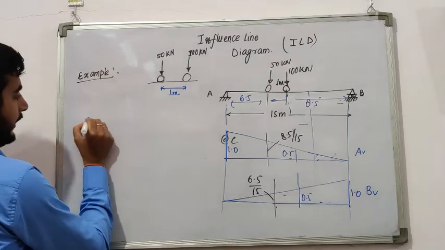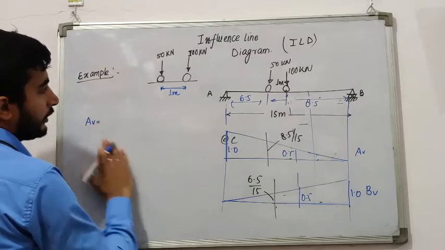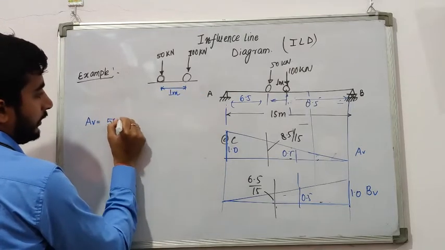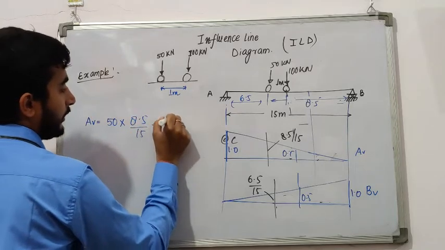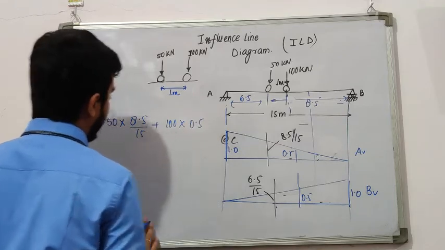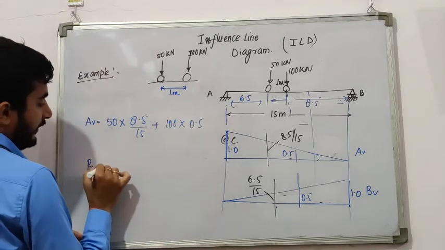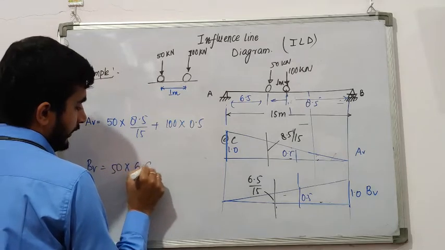Now what will I say, AB is equal to load and the corresponding ordinate is 8.5 by 15 plus 100 into corresponding ordinate is 0.5, and same way BB has to be load into corresponding ordinate.